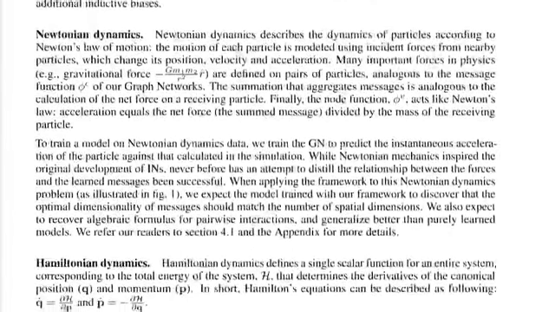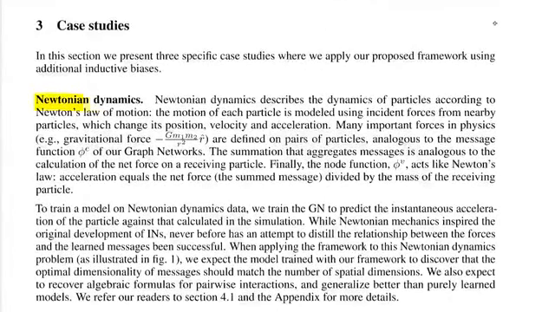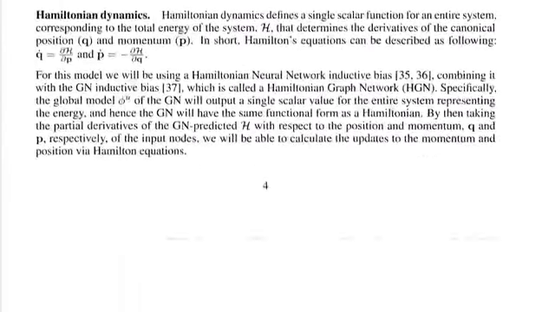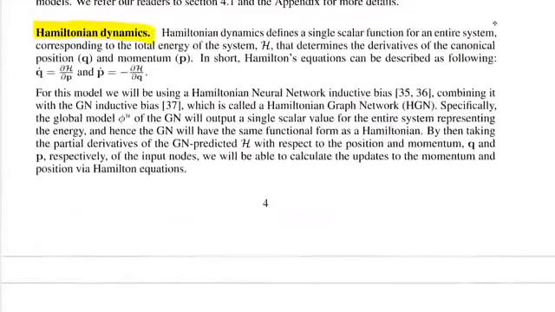All right. So if we look at the examples, they have three different examples. First of all, they have Newtonian dynamics, which is, for example, this gravitational force we looked at. They have Hamiltonian dynamics, which describes the same systems, but in a different way in terms of the Hamiltonian.